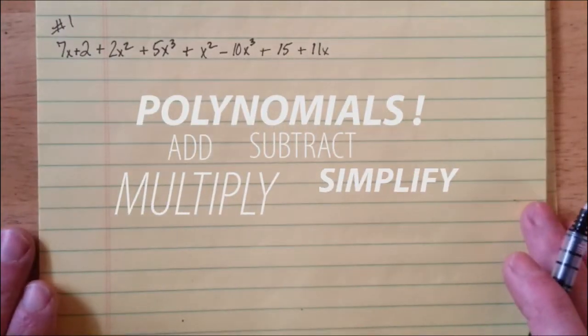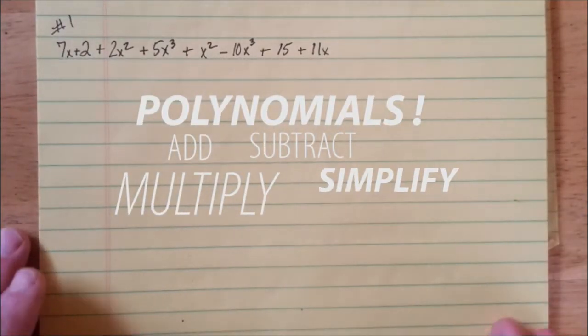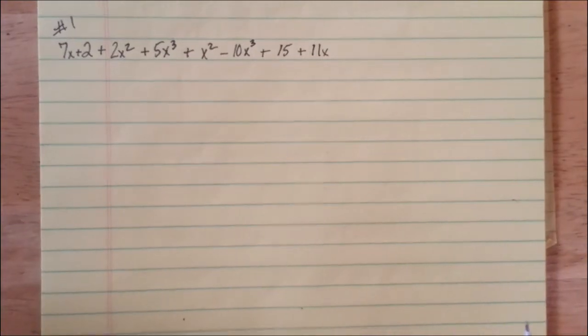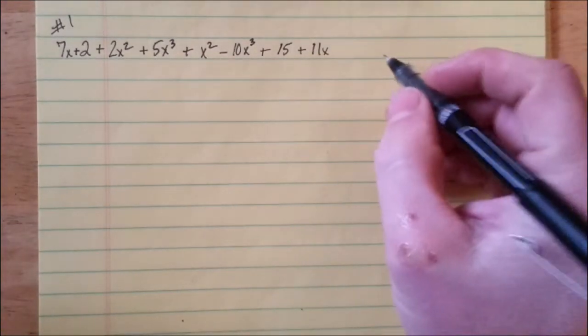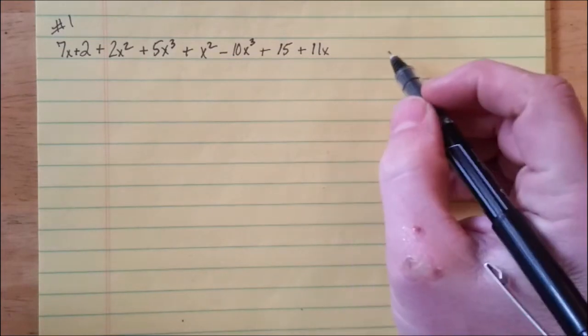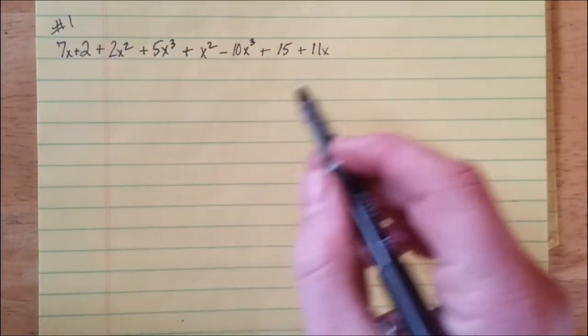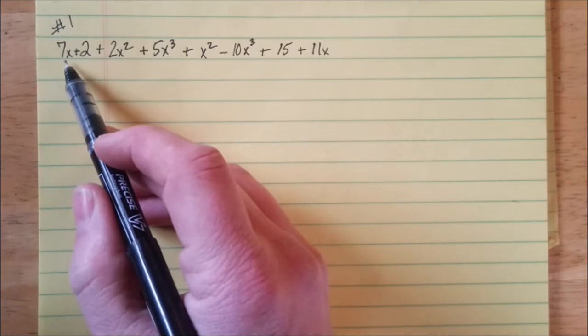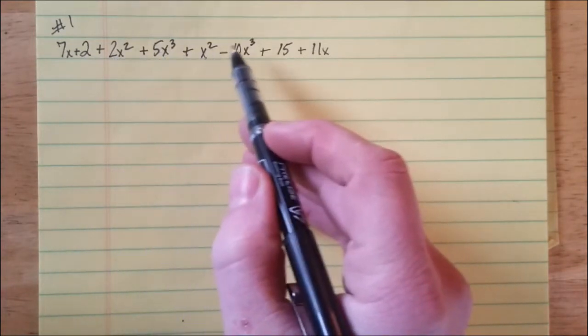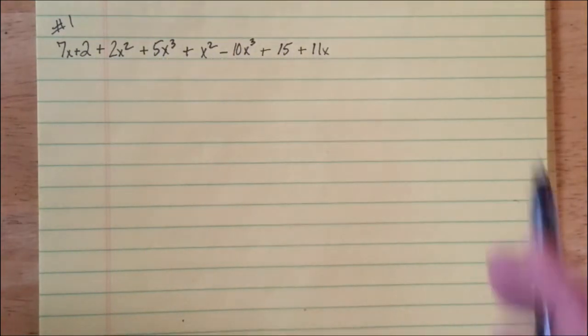Okay, so we're going to do 4 example problems of polynomials. Remember, a polynomial is nothing more than a many-numbered expression. So we have 1, 2, 3, 4, 5, 6, 7, 8 terms in this polynomial.